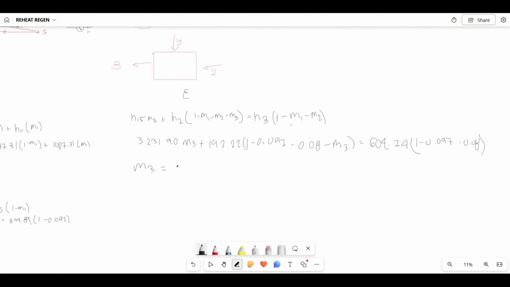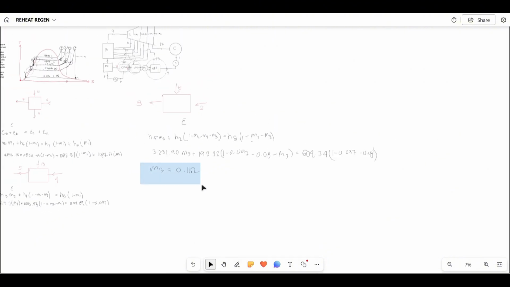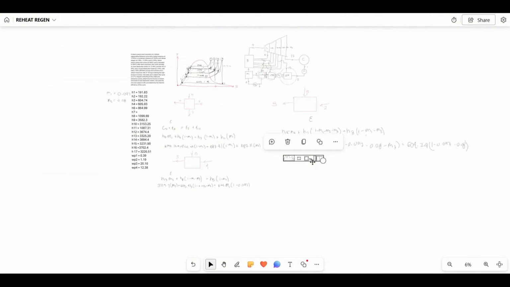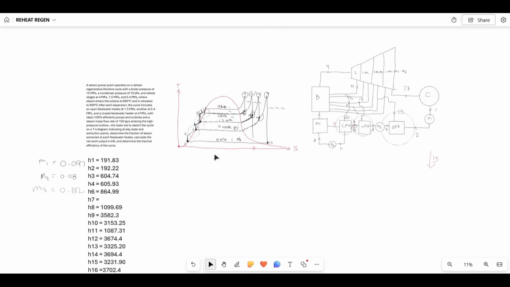Mass 3's extraction was really big, 0.112, the fraction. Therefore, we got mass 1, mass 2, and mass 3. Because we have this, we can now solve for everything. So let's erase that. We can now solve for Qin, or the heat applied in the system.